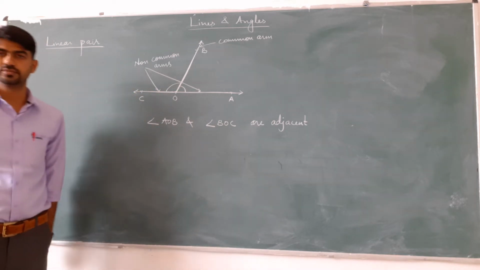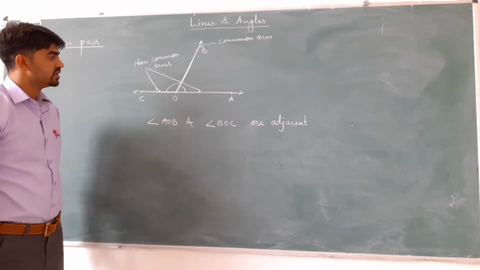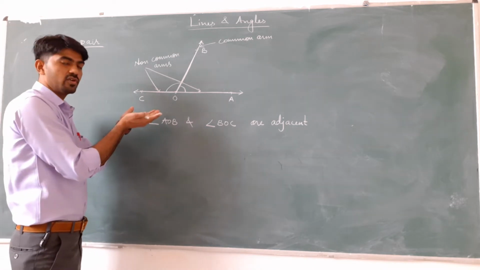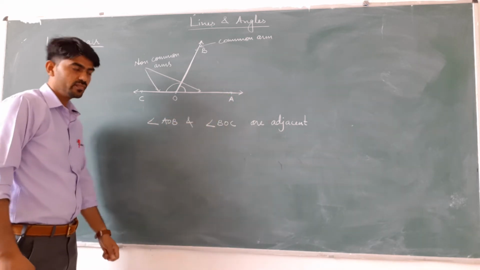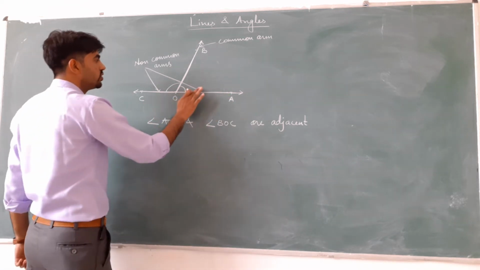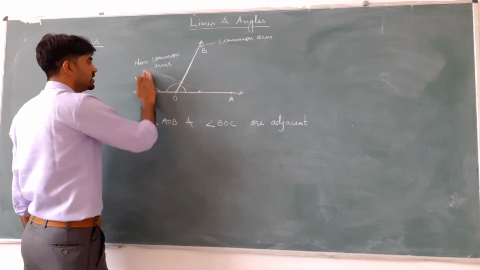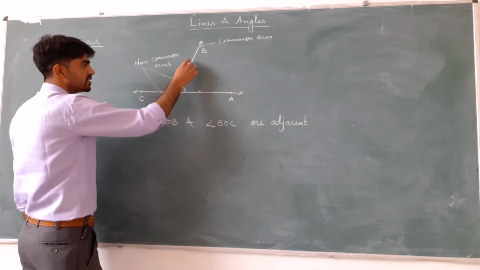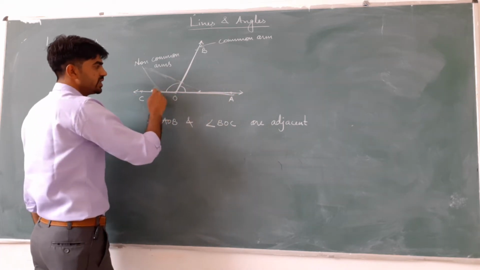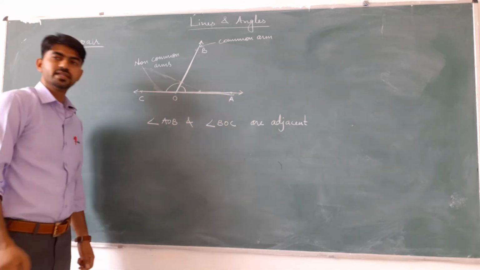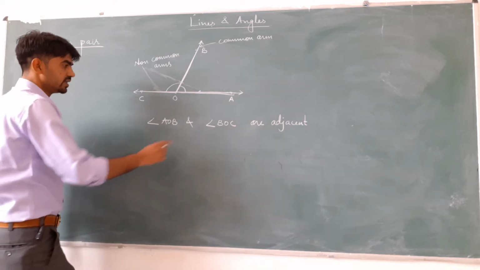Now the condition is that if the non-common arms of two adjacent angles make a straight line, look at this, these are non-common arms, so they are making a straight line, then this pair is called a linear pair.